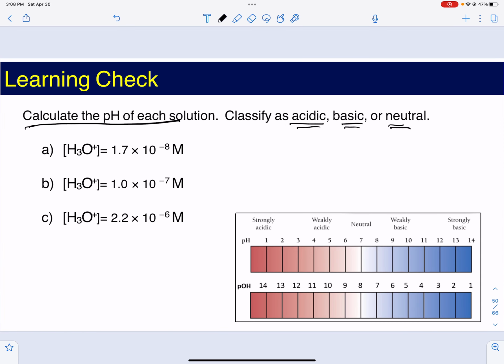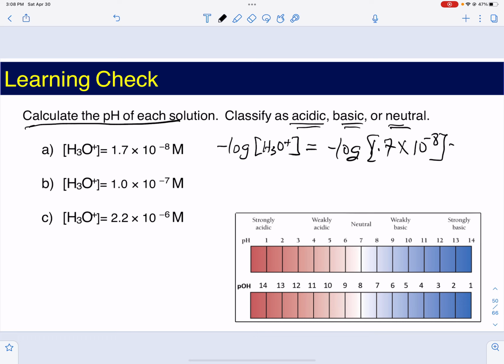So a problem like this. What would be the pH of something that is 1.7 times 10 to the minus 8? So pH is nothing more than the minus log of the hydronium. So that's going to be minus log of 1.7 times 10 to the minus 8, brackets because we're talking concentration.